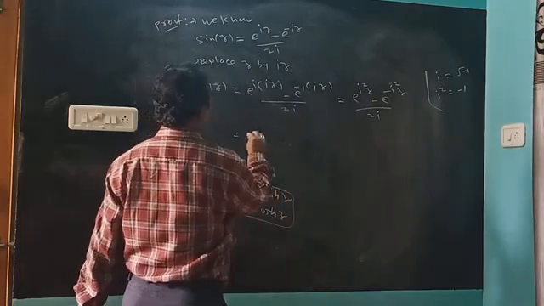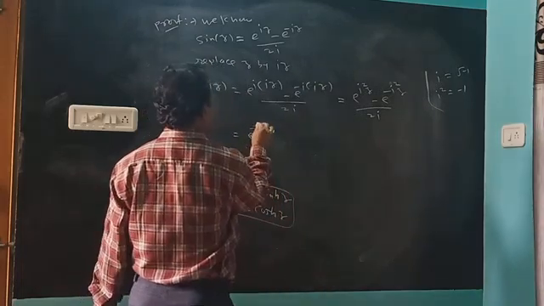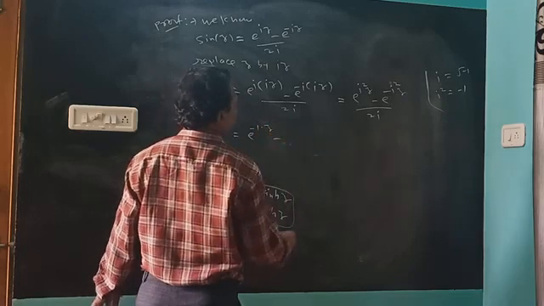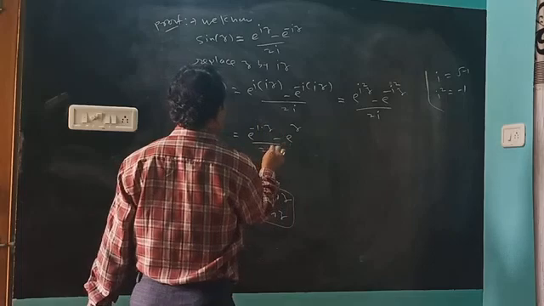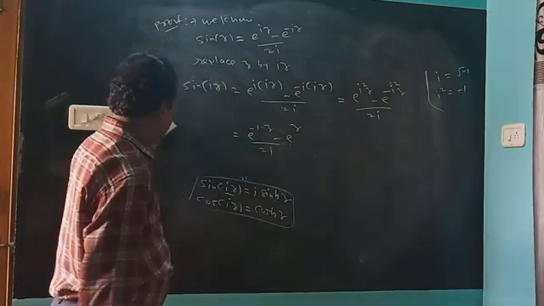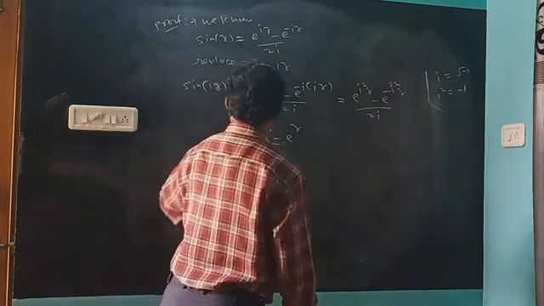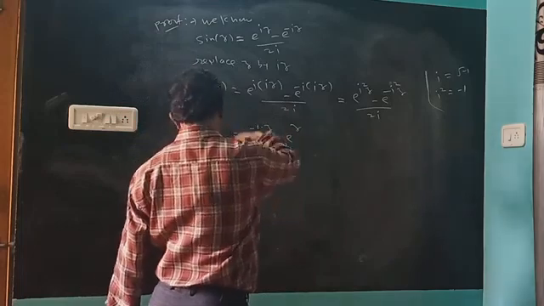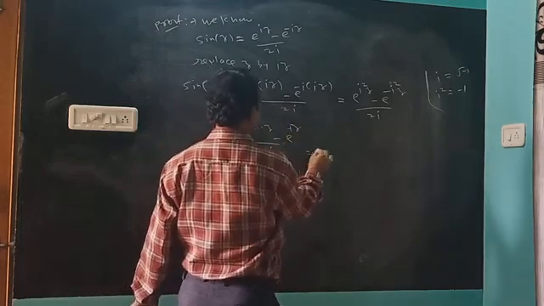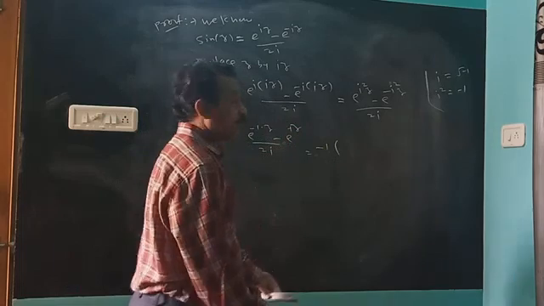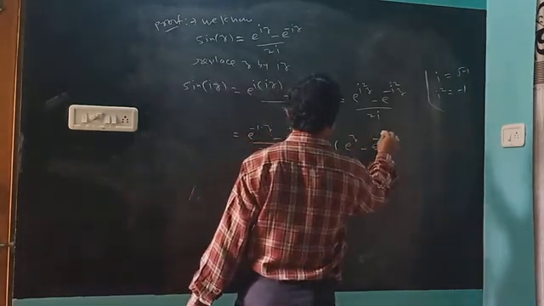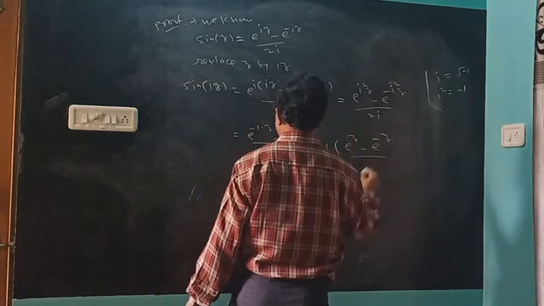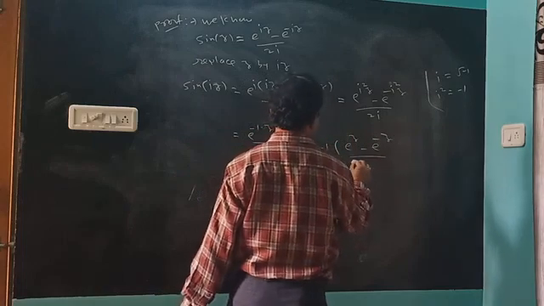So e raised to power I square is minus 1 times z, e raised to power plus 1 times z upon twice I. So minus plus, I want the plus term first. So I take minus sign common. This minus 1 is common. So e raised to power z minus e raised to power minus z divided by 2I.